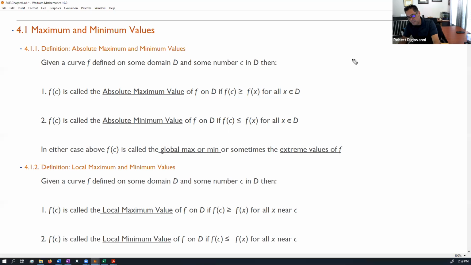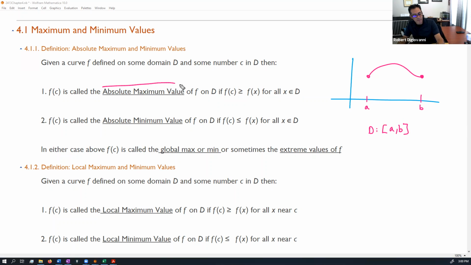All they're saying here is if you have a function that's defined on some domain, okay, so let's say the domain here, you go from a to b, then the domain D is all the values between a and b. So you have some graph here. Here's the domain.